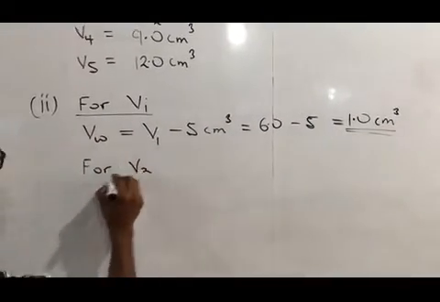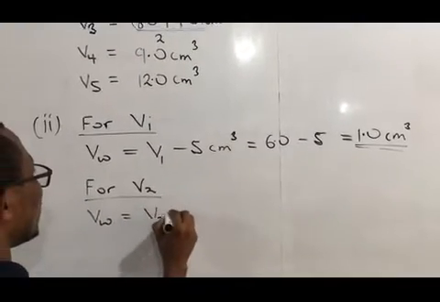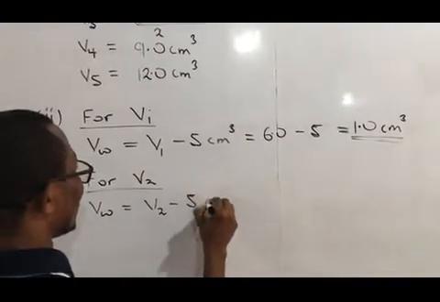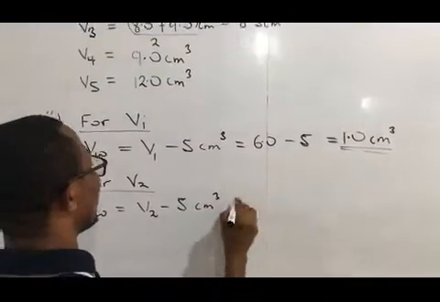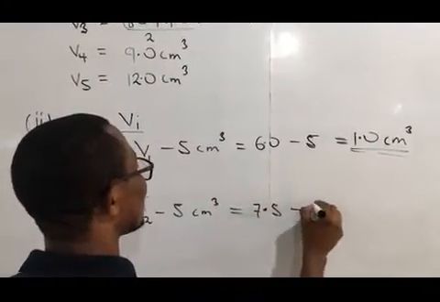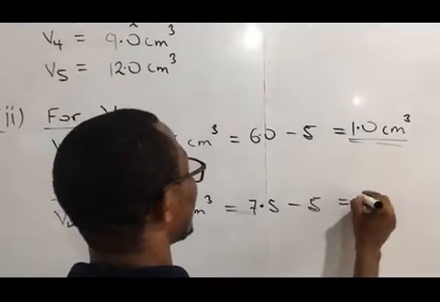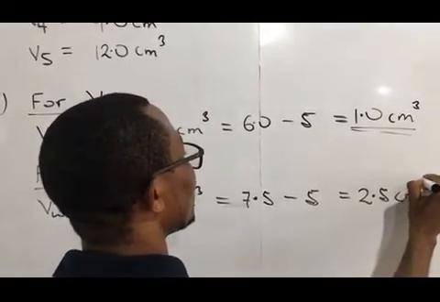For V2, the volume of water becomes V2 minus the 5 cm cube. And the volume for V2 is 7.5. So you have 7.5 minus 5, and that gives you 2.5 centimeter cube.